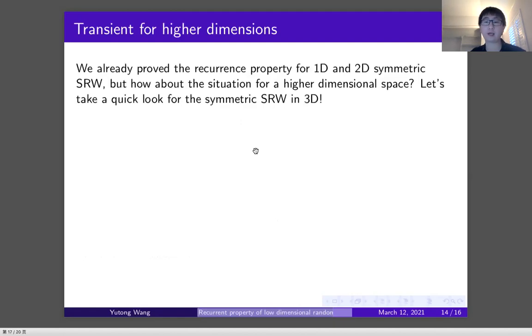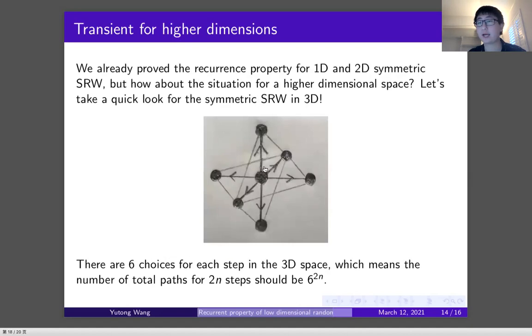How about the higher dimension? So we assume a drunk bird flies through 3 dimensions. So it actually has six choices for each step. So this means for 2n steps, the total number of paths will be 6 to the power of 2n.